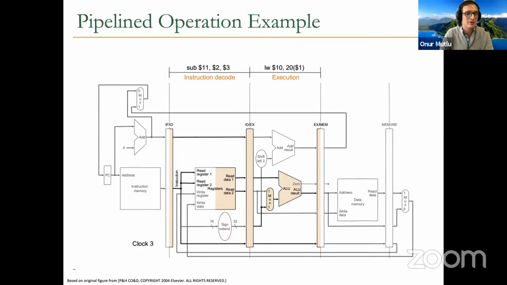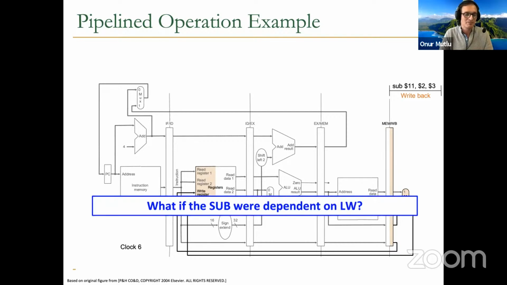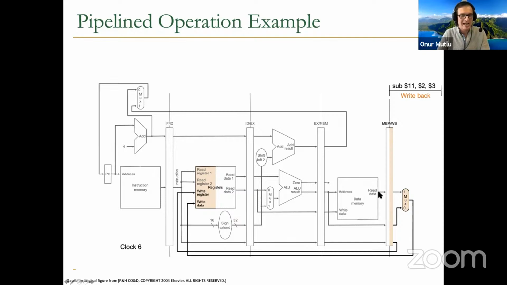So Loadword, subtract. Subtract does not depend on Loadword, so life is beautiful. But what if the sub were dependent on Loadword? And that brings us to data dependence handling. And this is actually not an easy case. Loadword is special because you cannot do the trick your colleague suggested with Loadword, because Loadword has its data at the end of the memory stage.